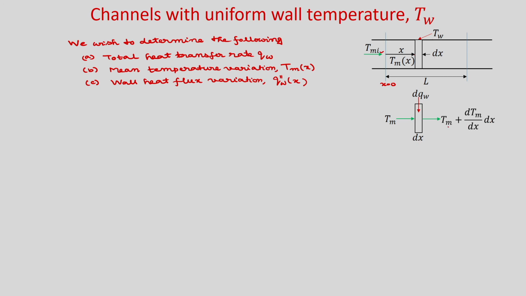The wall temperature is constant, so there will be heat transfer from the wall to the fluid in this elemental volume. That is your dQW. Whatever heat is added here, the fluid passing through this dx distance absorbs it. So, you can do the energy balance.